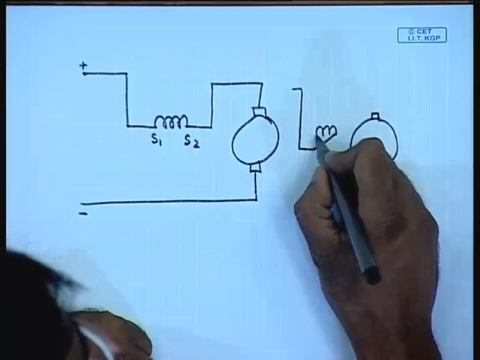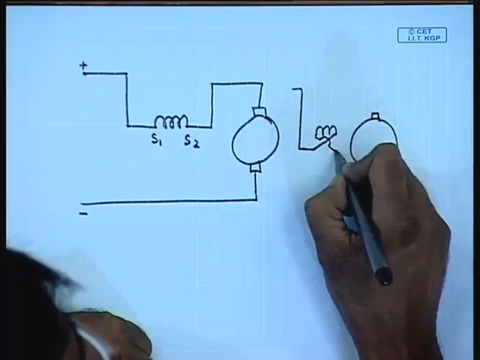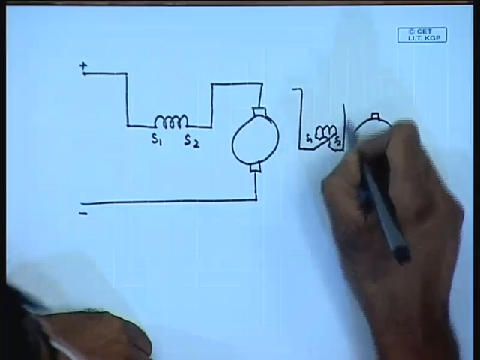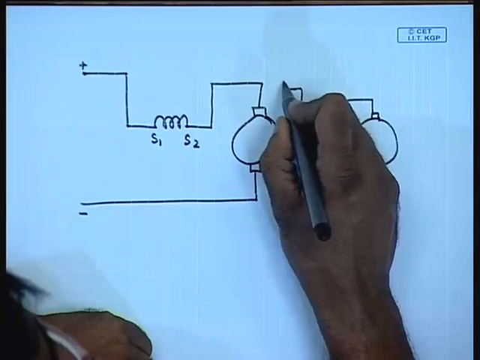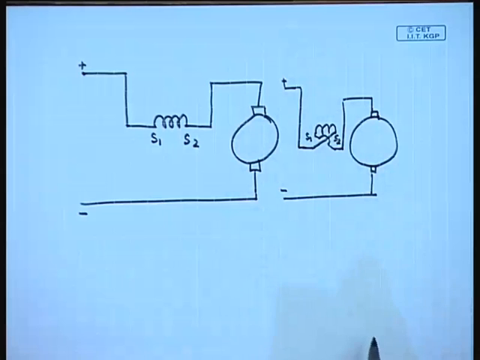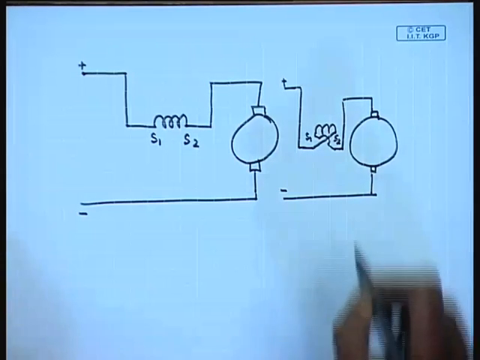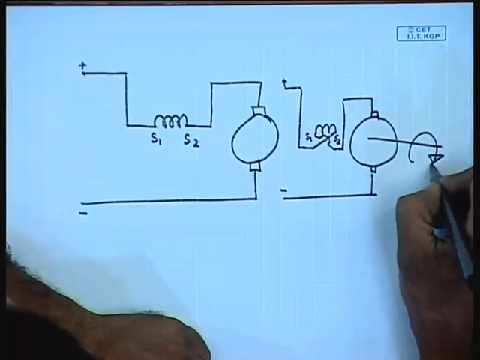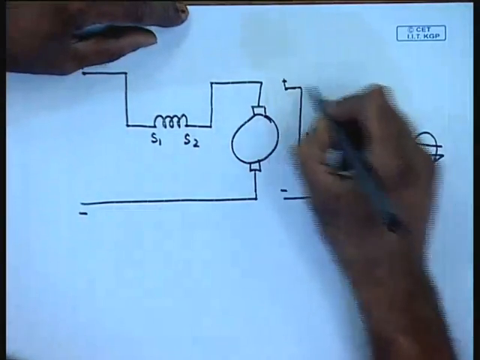However, even with this, it is not possible to obtain regenerative braking characteristics of the DC series machine as such.